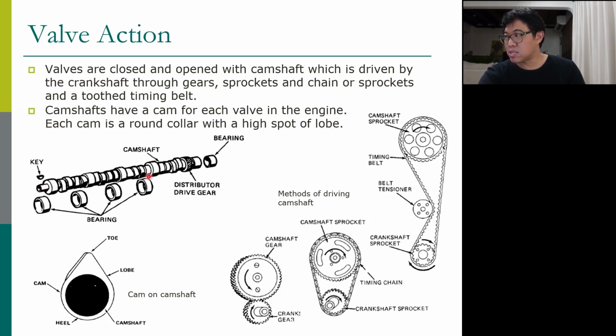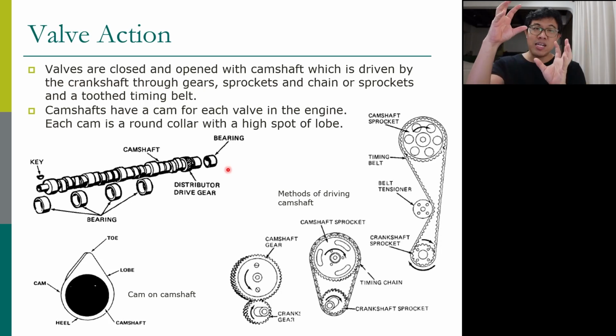So that's the camshaft. Now, the valve has to be operated synchronized with the piston, right? Because when the piston is moving down during intake, the intake valve has to open, so it must synchronize. It must work together. When the piston is moving down on the intake stroke, the valve is open, and when it's up, intake closes. During power, intake is closed, and then when the piston goes up again, the exhaust valve opens.